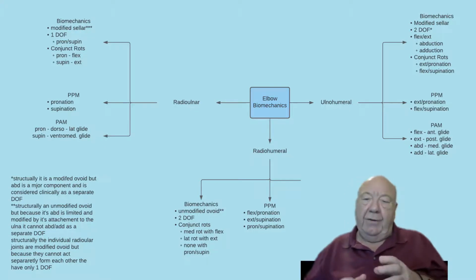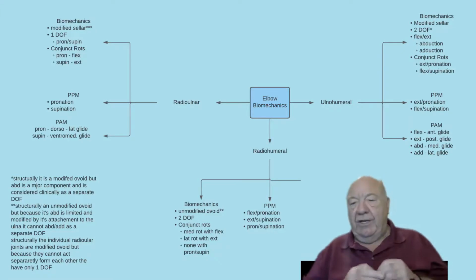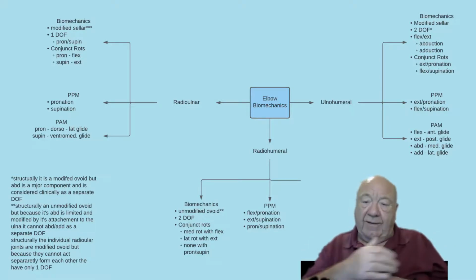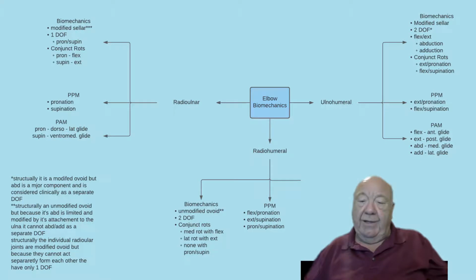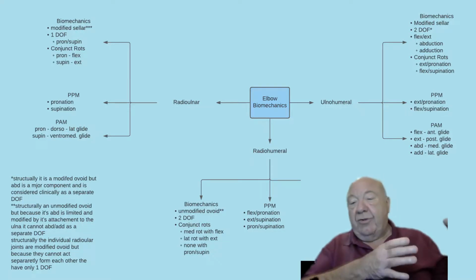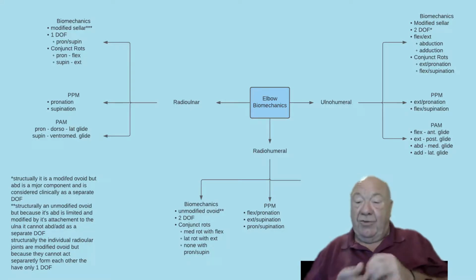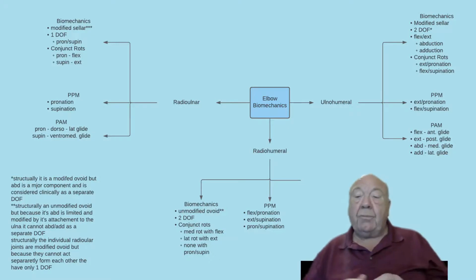Now, at the superior radioulnar joint, the radius presents a convex surface to the ulna. At the inferior joint, it presents a concave surface. So if you consider both of these joints together, the superior one is convex, from the radius's point of view, and it's concave in the inferior. So you have a concavo-convex surface that makes it a sellar joint. It's a modified sellar joint functionally. So it can do pronation and supination.